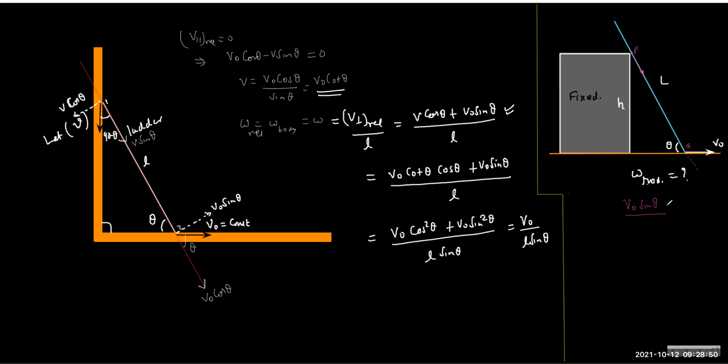Is it h, the separation between point P and Q? So the answer is V naught sine square theta upon h. Correct. So to find the PQ, what can we do?